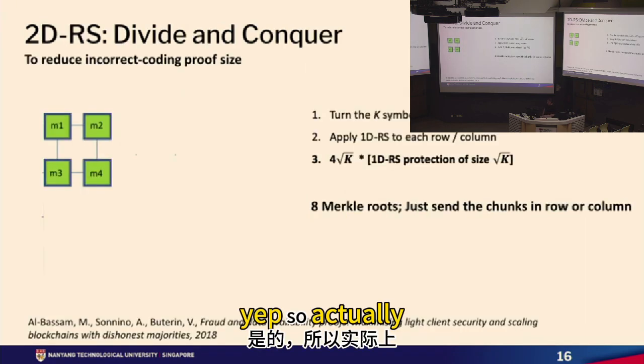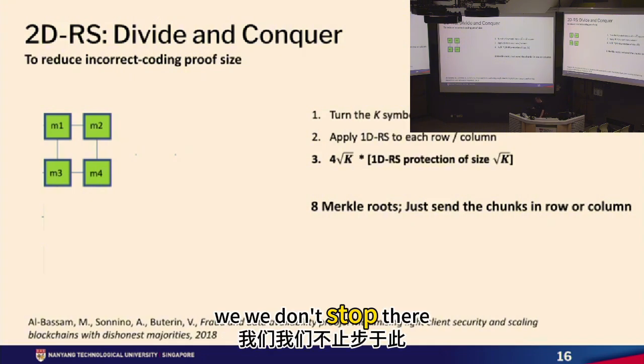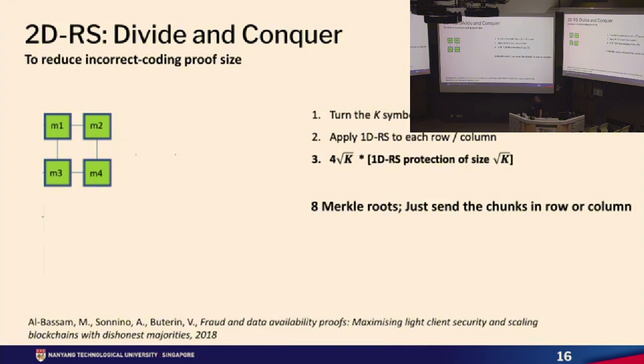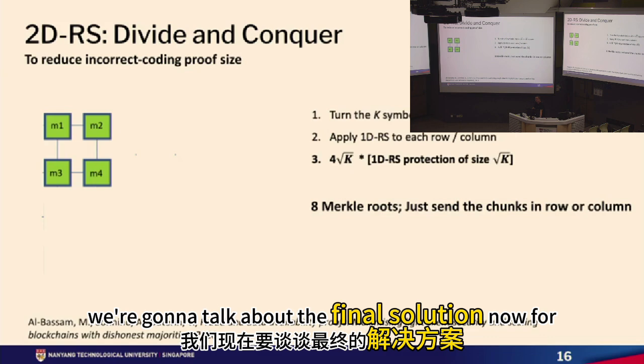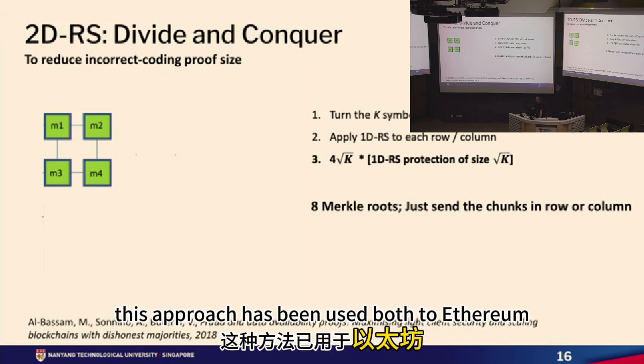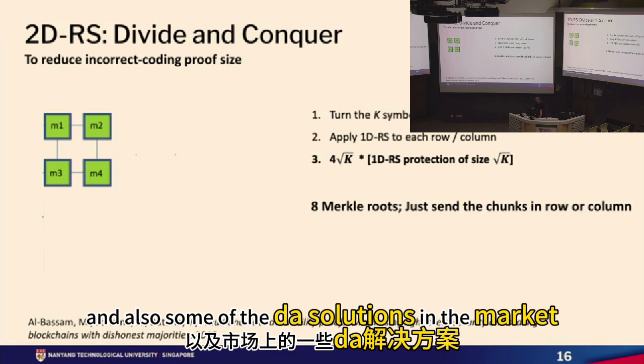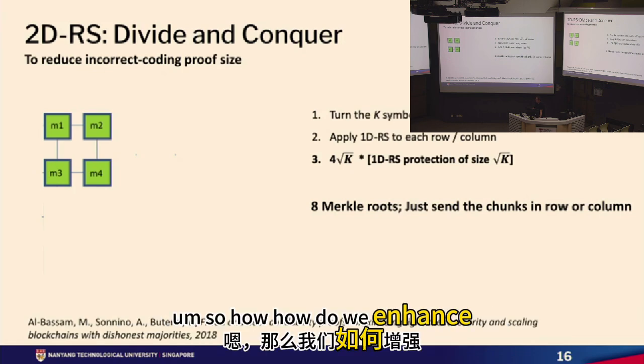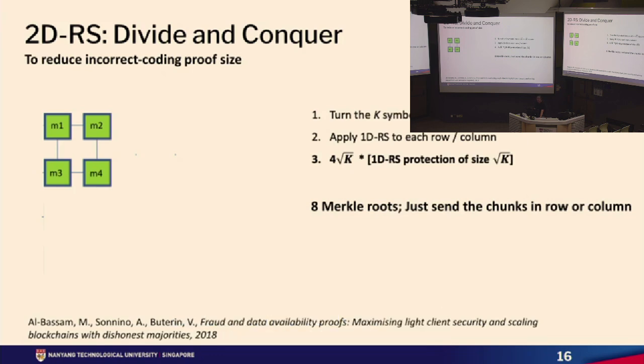Yep. So actually, we don't stop there. We're going to talk about the final solution now for the DA, for data availability. This approach has been used in Ethereum and also some of the DA solutions in the market. So how do we enhance?